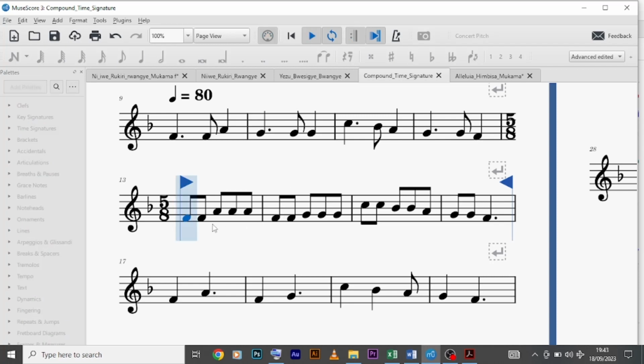So it becomes do do mi mi mi, do do re re re, so so fa fa mi, re re do do do, mi mi mi, do do re re re, so so fa fa mi, re re do. It is a 5/8 time signature.